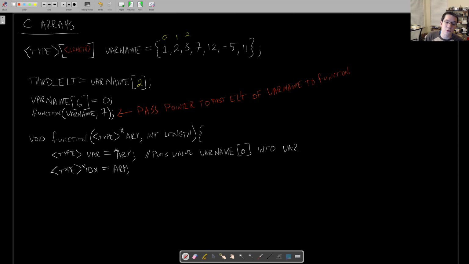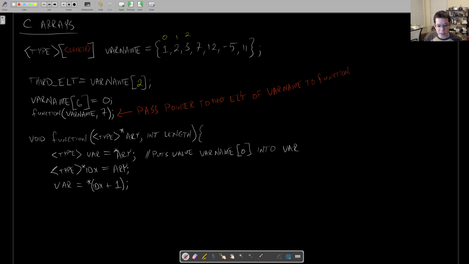And now if I want to move to the next element, all I have to say is var equals star of idx plus 1. And I put the parentheses around it because idx contains the address that I'm looking at, and I want to look at the next one.